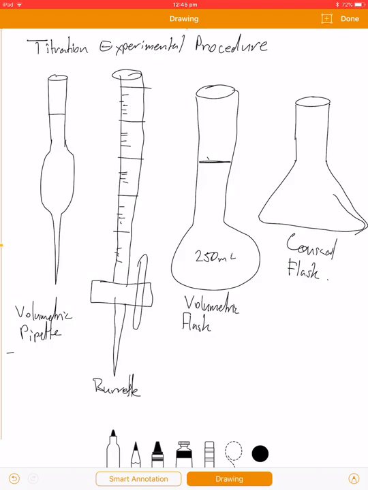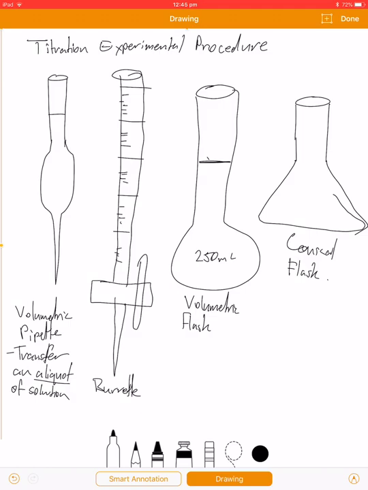So a volumetric pipette is used to transfer an aliquot, the keyword there, of solution. What's an aliquot?